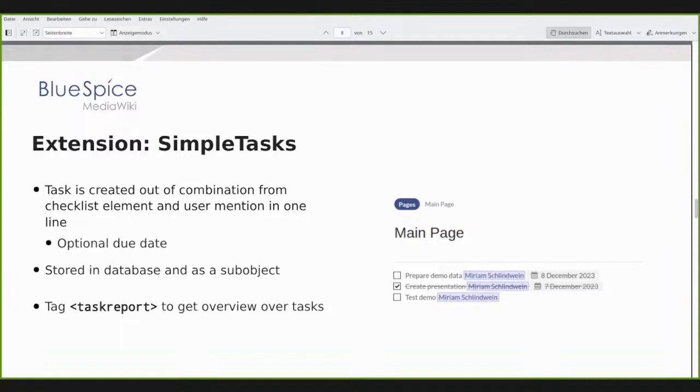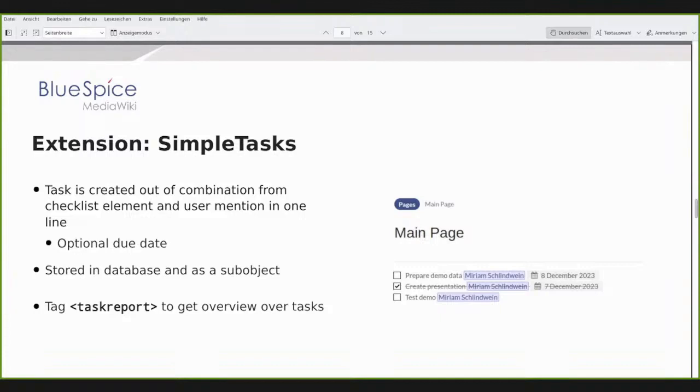The task is also stored then in the database and as an SMW sub-object on the page, so you can query that. You can create your own overview for the tasks which are assigned to you, or if you want to search for a date, you can query that as well.